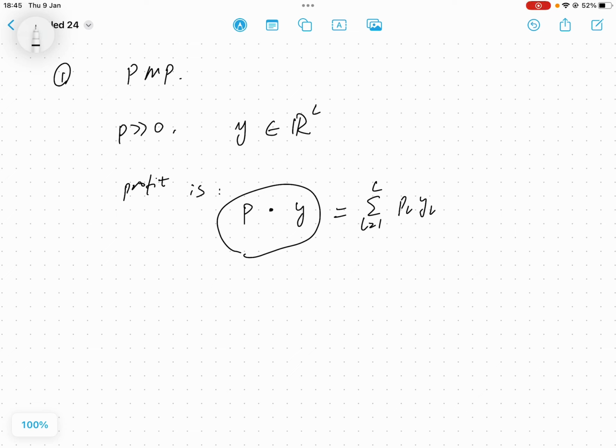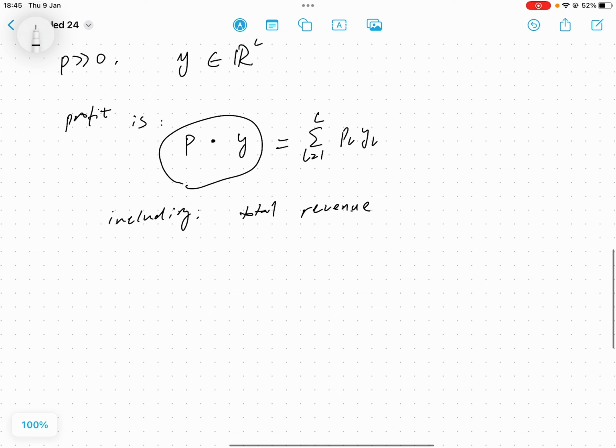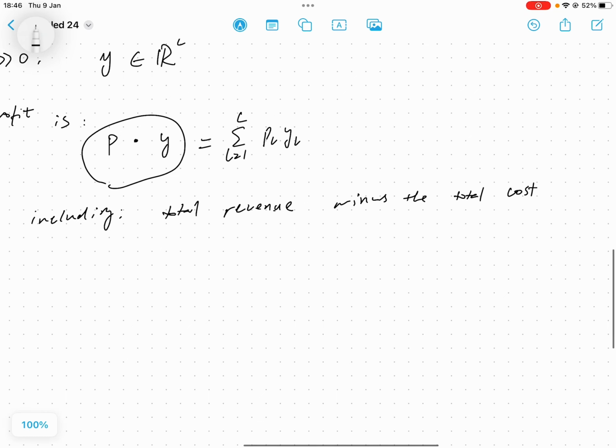Including the total revenue generated by the positive amount of products and minus the cost, which are taking some prices for these inputs, right?